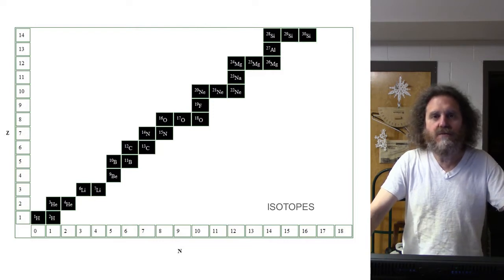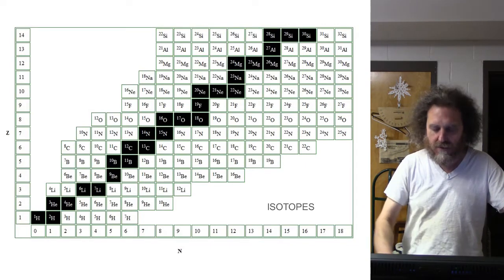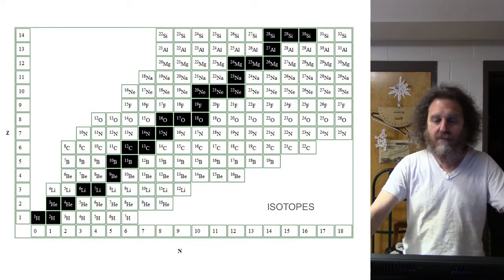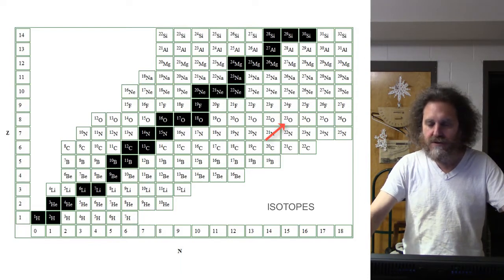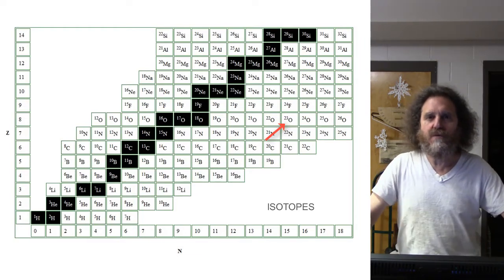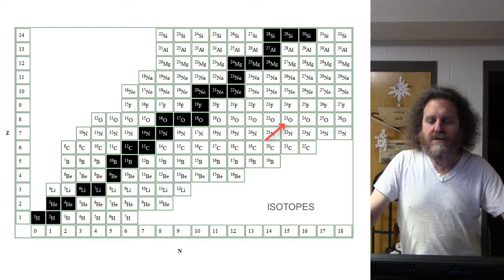So these are the stable isotopes. There are also what are called radioisotopes, unstable isotopes, and you can see there's a lot of them here. So for instance, oxygen-23 has 8 protons and 15 neutrons. That is a radioisotope of oxygen, which means it doesn't hang around forever.